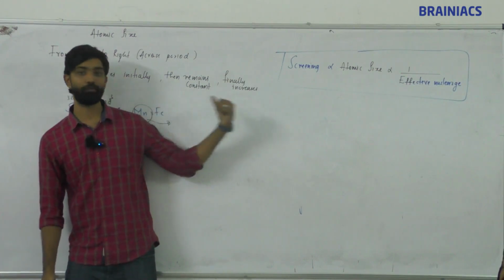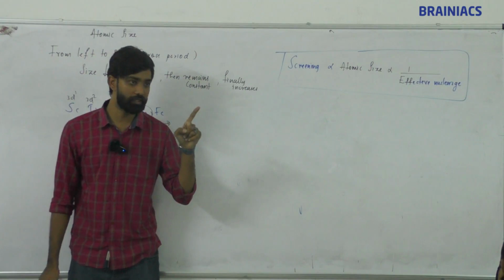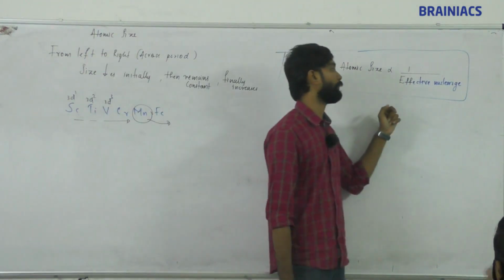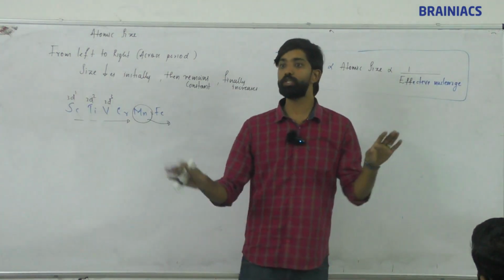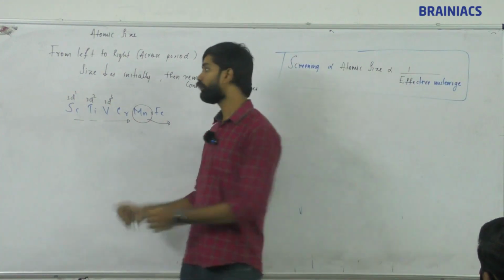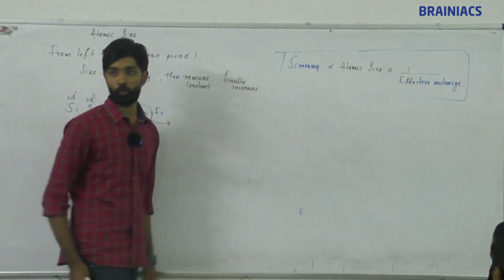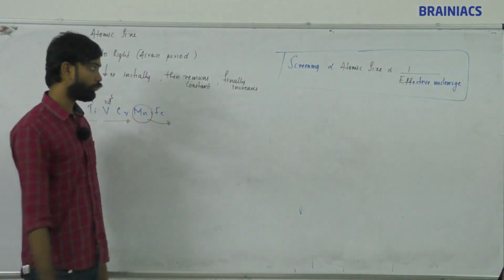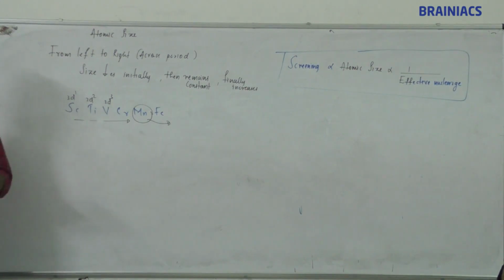From left to right, nuclear charge increases. As nuclear charge increases, size should decrease. This is the usual reason, observed in all cases. But here, the size initially decreases, and finally has a small increment. So there is a competition between screening and effective nuclear charge.